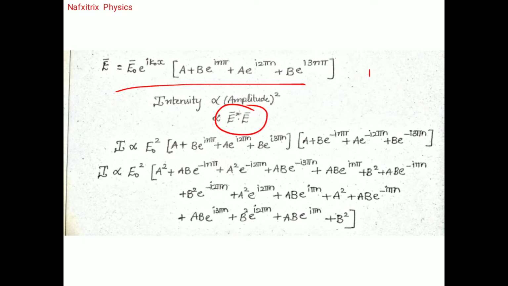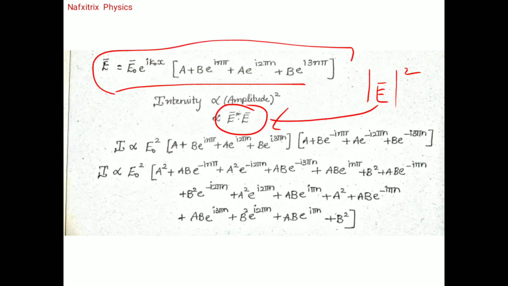So amplitude is nothing but the magnitude of E. Amplitude square is the magnitude of E whole square. That magnitude of E whole square could be written as follows, because it is in the form of a complex, it is because e power i n pi like that is there. So for complex numbers, magnitude square is nothing but E into E star. That particular complex number multiplied with its complex conjugate, we would get amplitude square.